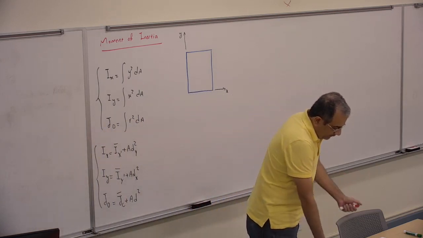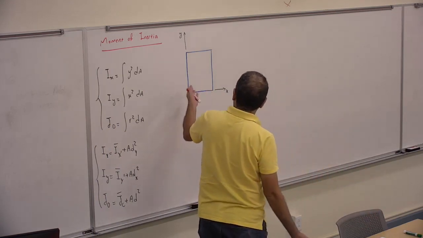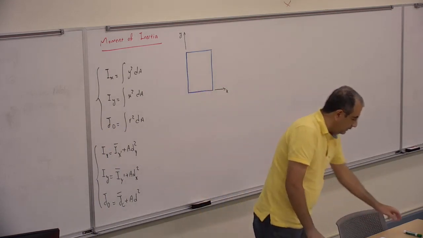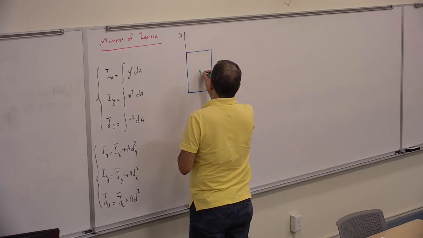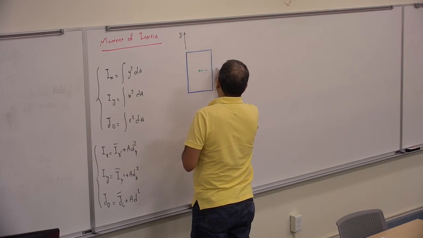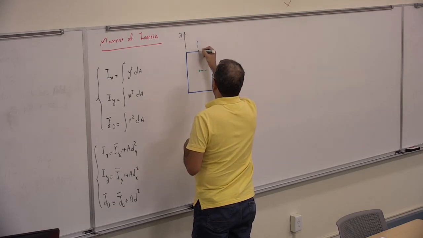And the first thing that it wants us to know is how much is the I about the axis passing through the center. So the centroid is here. That's the x prime. This is the y prime.